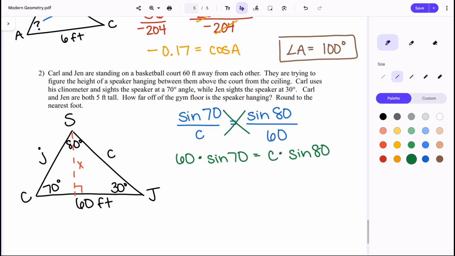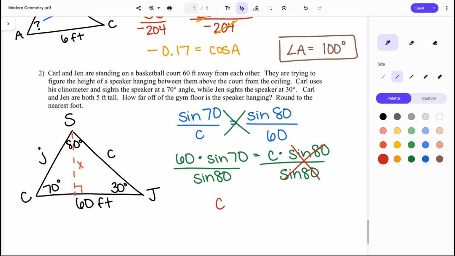What would you guys do next? Good. Okay, we got to use our calculator here. We're going to plug this in: 60 times the sine of 70, and then you're going to divide that by the sine of 80.